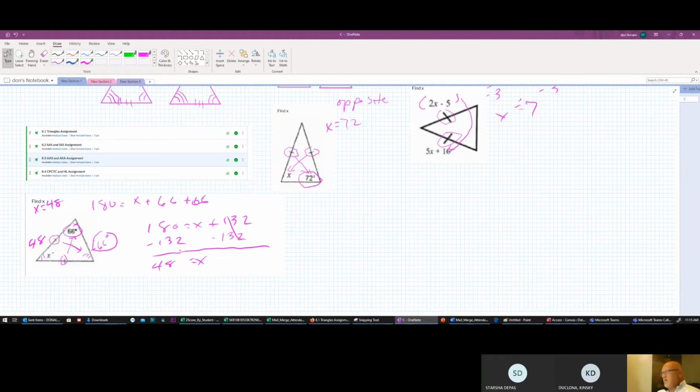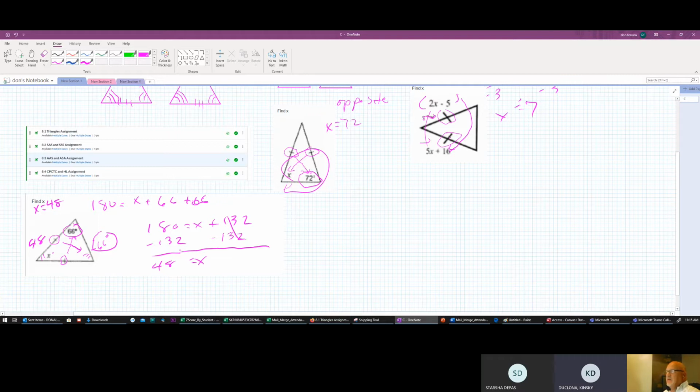So a couple things to remember here. Opposite angles of congruent sides will be congruent. They'll be the same. That's right here. Okay, boom. All right. Here, if we've got congruent sides and they're asking us to solve for x, and this is the actual length of x, then we just set these equal to each other.